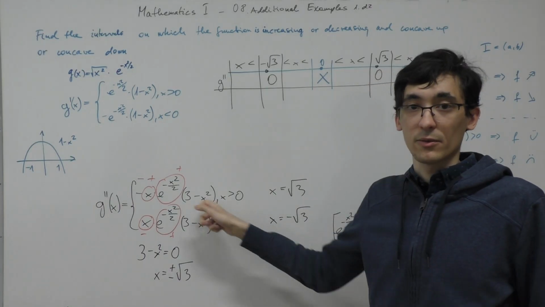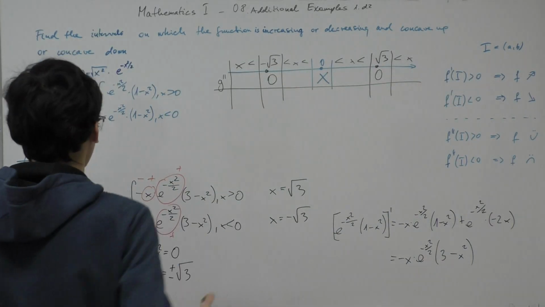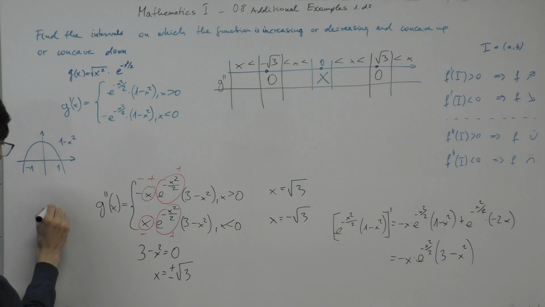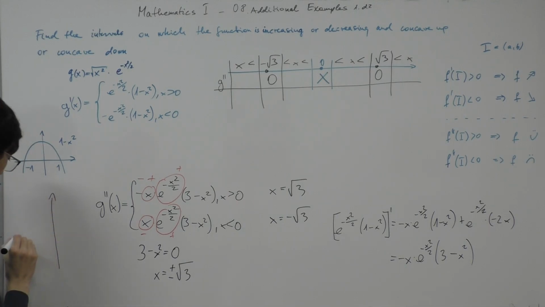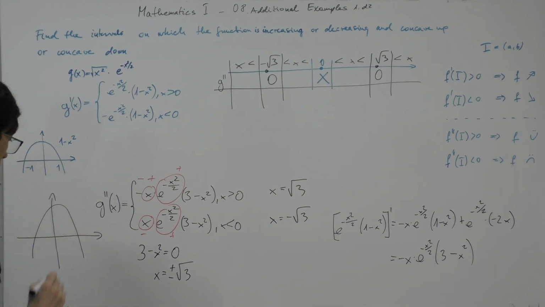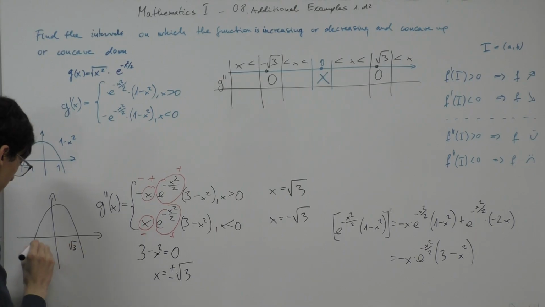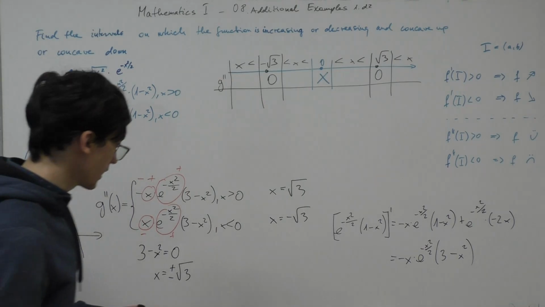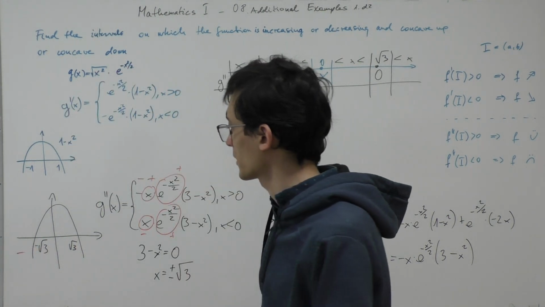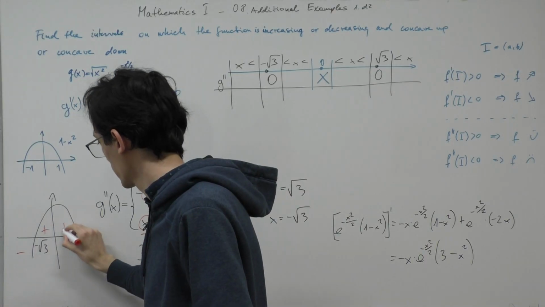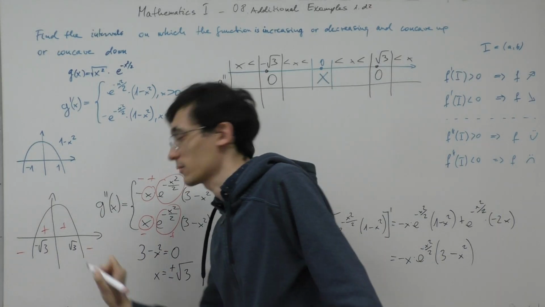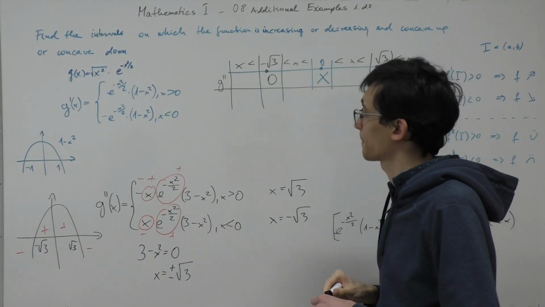Now to figure out the signs of this factor, we should graph the function, and we can see that this is very similar to our previous derivative, so the graph will look something like this, with its zeros being at the square root of 3 and negative square root of 3. And we can see that it is negative before negative square root of 3, positive between the two zeros, and negative after square root of 3.